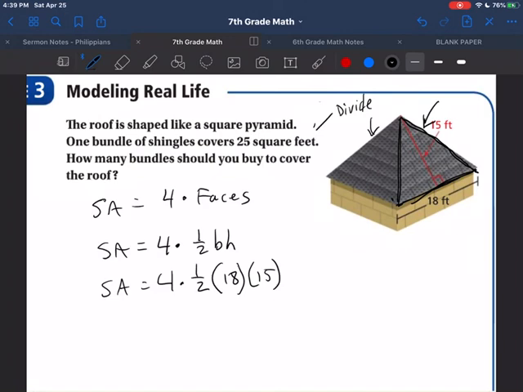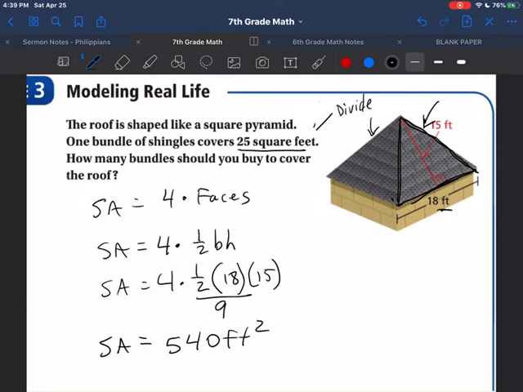I'll take half of 18, which is 9. 4 times 9 is 36, so 36 times 15 should give me the correct answer, and that is feet squared. Remember, 540 square feet is how much roof we need to shingle.